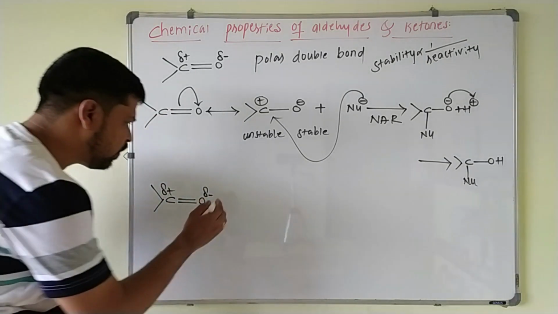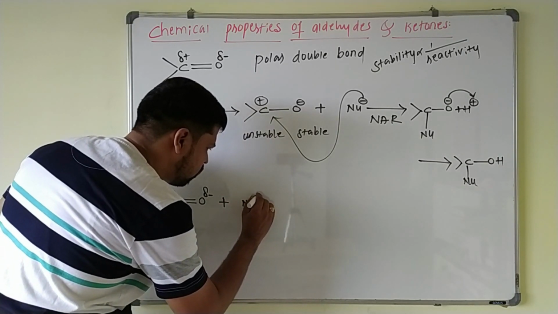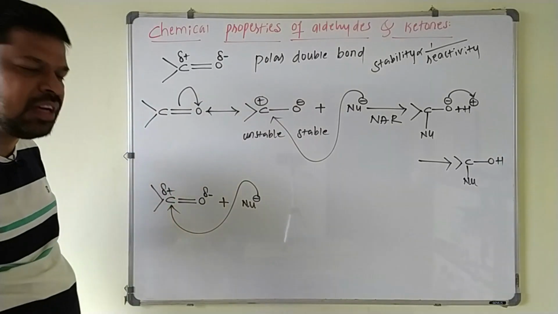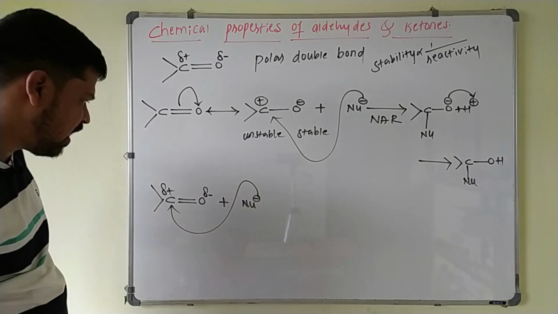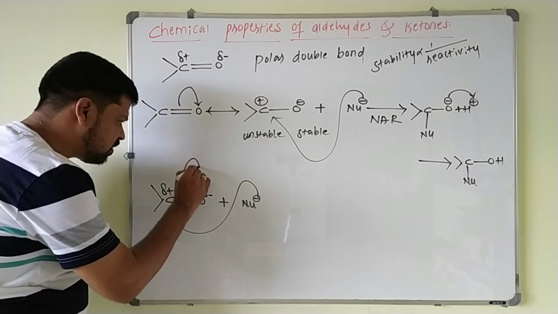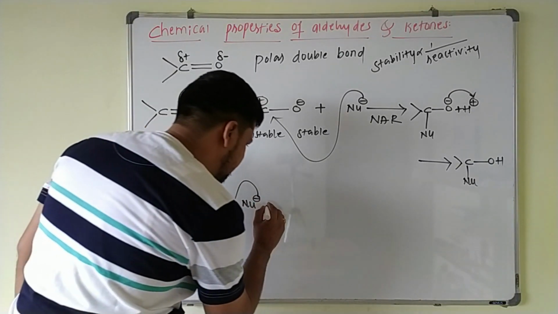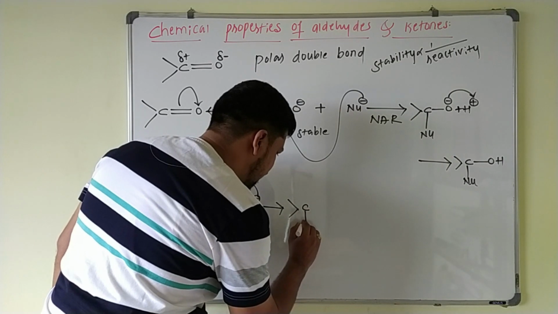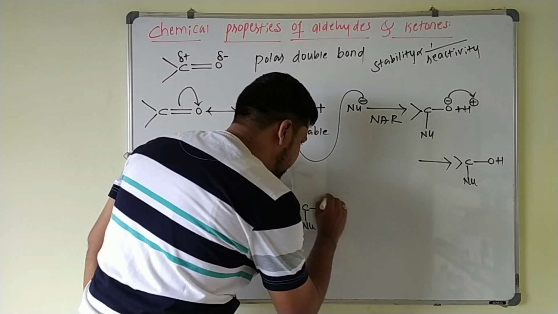When this nucleophile attacks the carbonyl carbon having a partial positive charge, the pi electrons are forced to move towards the oxygen. Then what happens here? The nucleophile is added to the carbon. Next this oxygen gets a negative charge.